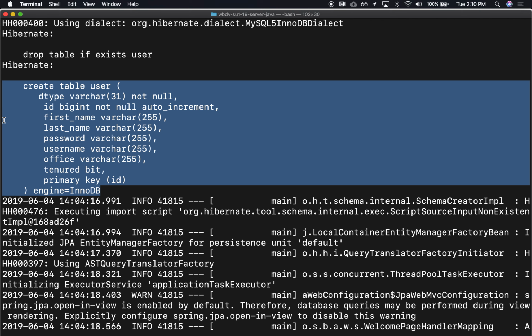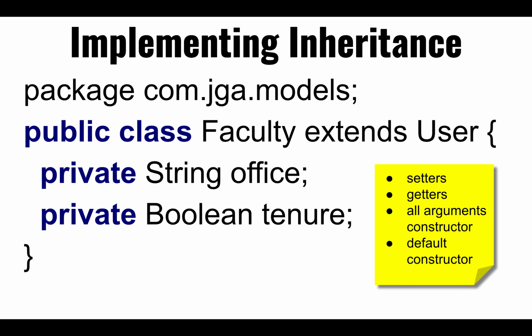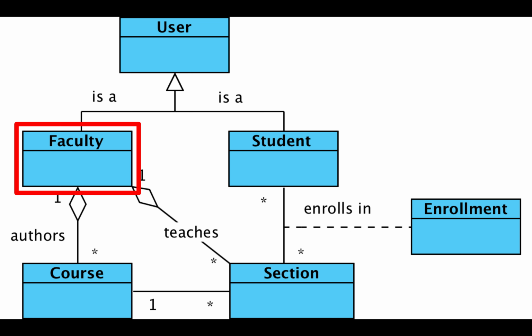What if your inheritance tree is much more sophisticated? You have users, faculty, tenured faculty, non-tenured faculty, a whole bunch of inheritance trees, a very, very deep inheritance tree. For every inheritance level, you would have an additional table, and you would have to add a new join.